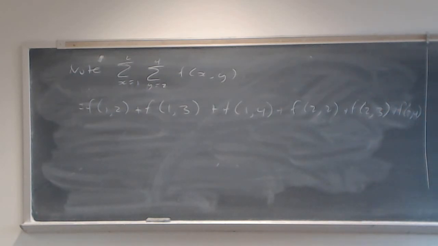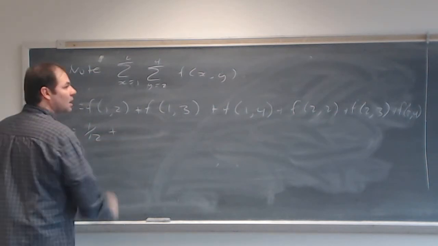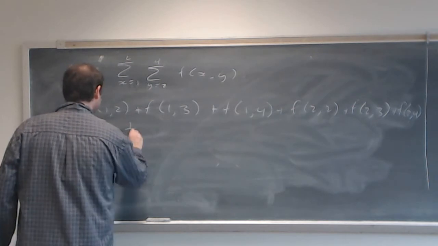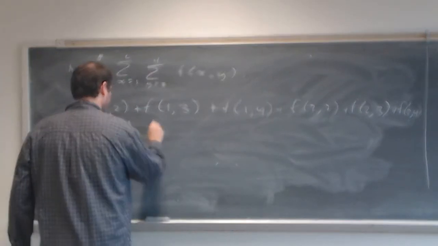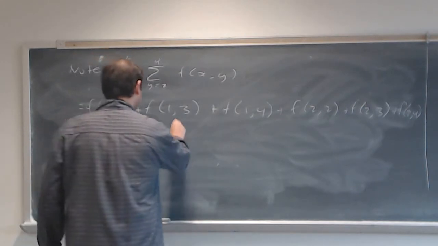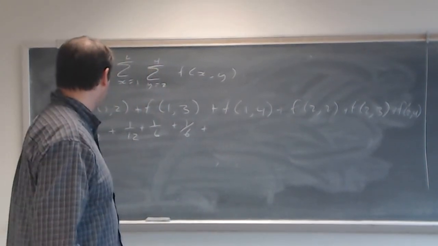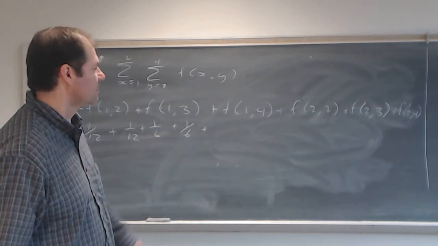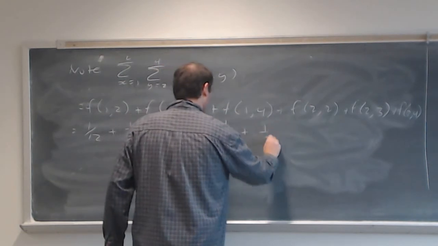Now I need to stick in the numerical values for this. They're on the other board. This is 1/12 plus, the next one is 1/12, plus the next one is 1/6, the next one was 1/6, plus, that was 2, 2 I just did, 2, 3 was 1/6 and 1/3.